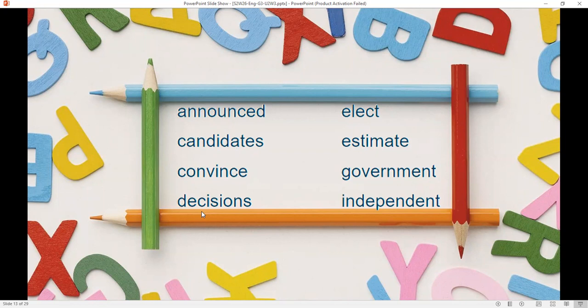Number 4, decisions. Second column, I have elect. Second one is estimate. Government. And the last one is independent.